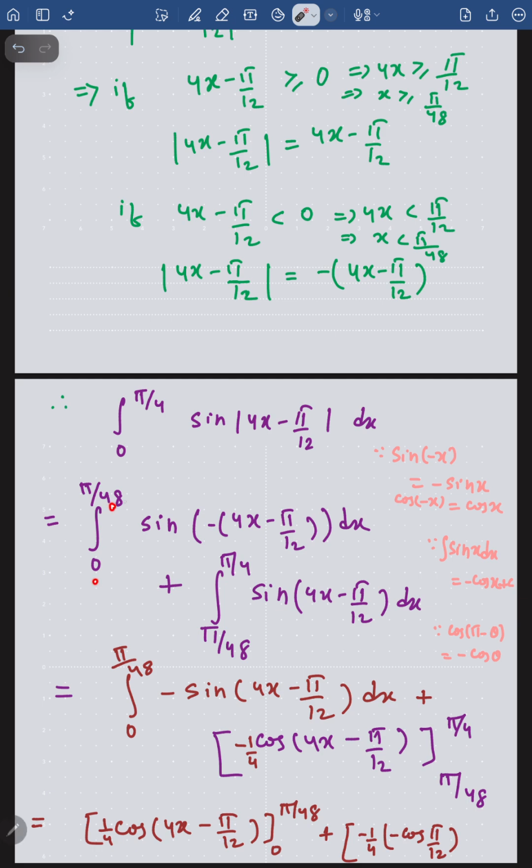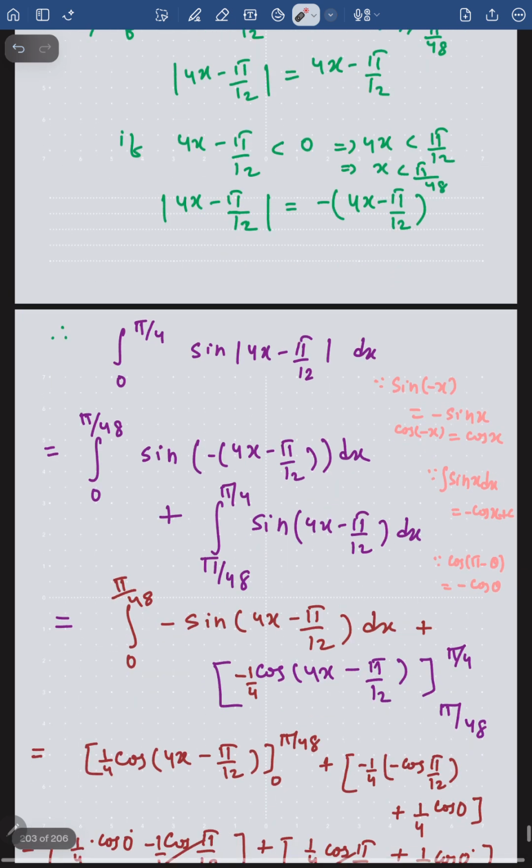From 0 to pi by 48, its value will be negative, so it will be sine of minus of (4x minus pi by 12) dx, and from pi by 48 to pi by 4 its value will be positive, so there is no change. Sine of minus theta is minus sine theta, so we will apply that here. And here we are just doing the integration part.